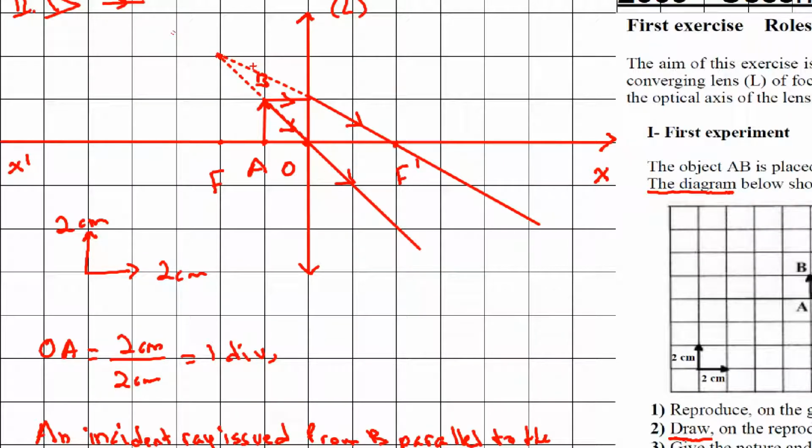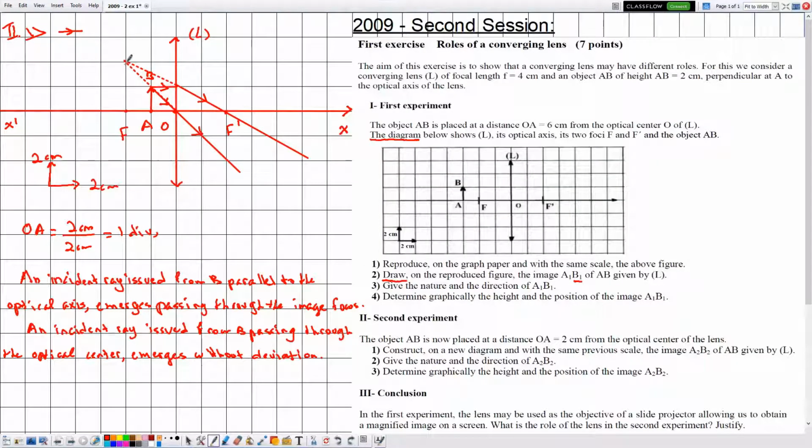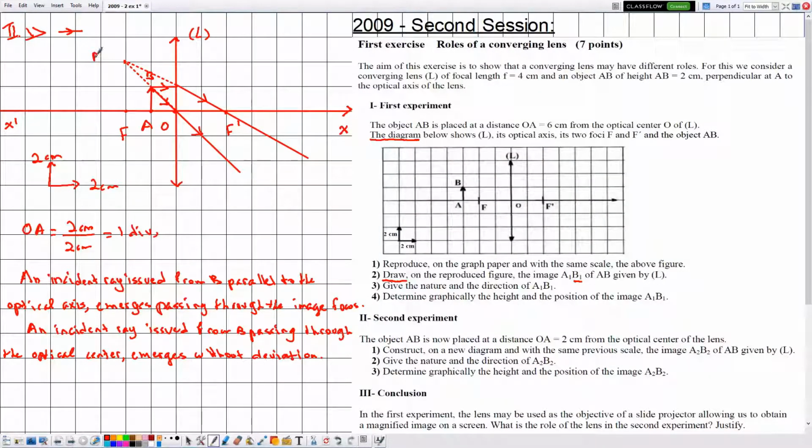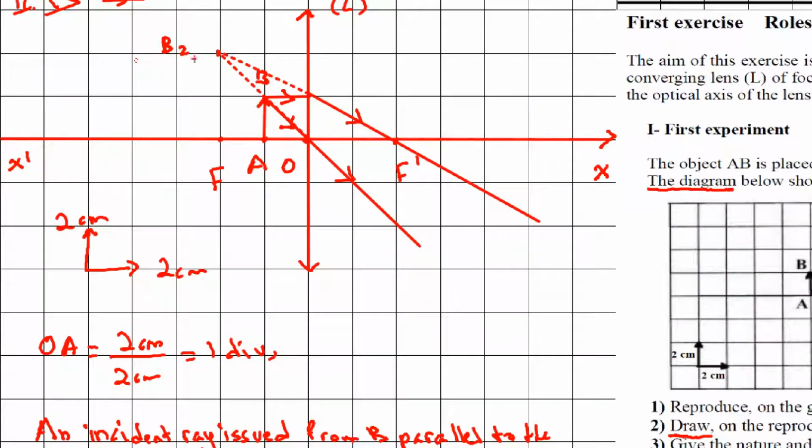Which object? Notice that these prolongations are coming from these emergent rays that are coming from these incident rays that are coming from the point B. Therefore, this is the image of B, which is denoted by B2. Moreover, a hat is found on B directed away from the optical axis like this. Then we must place a hat on B2 directed away from the optical axis like this.